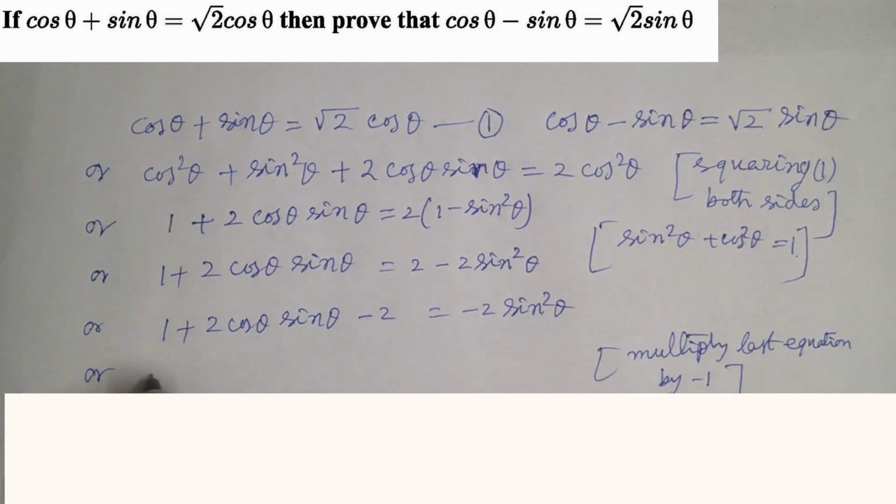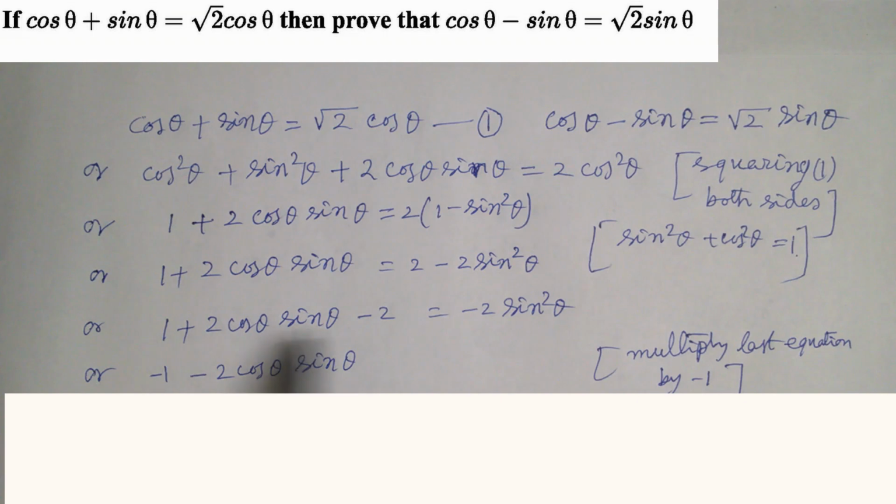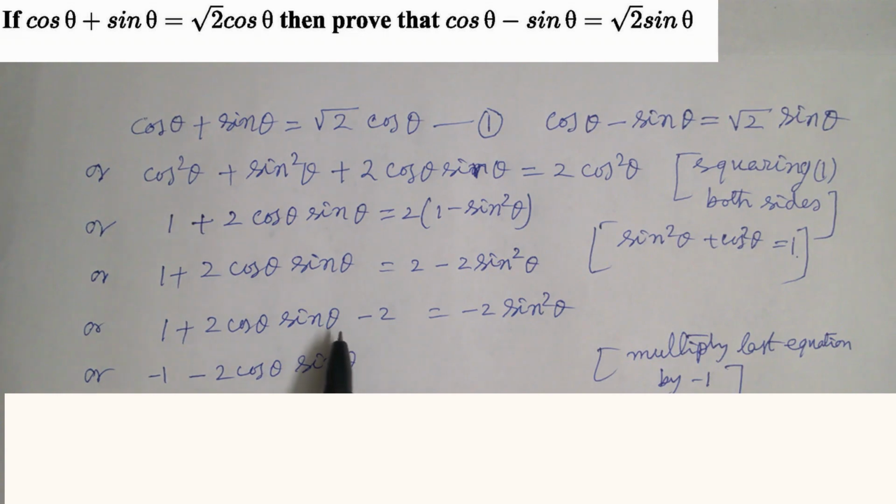So this will be minus 1 minus 2 cos theta sin theta. See here 1 minus 2, the result is minus 1. After that it is multiplied by minus 1, so this will be plus 1. Is it clear?